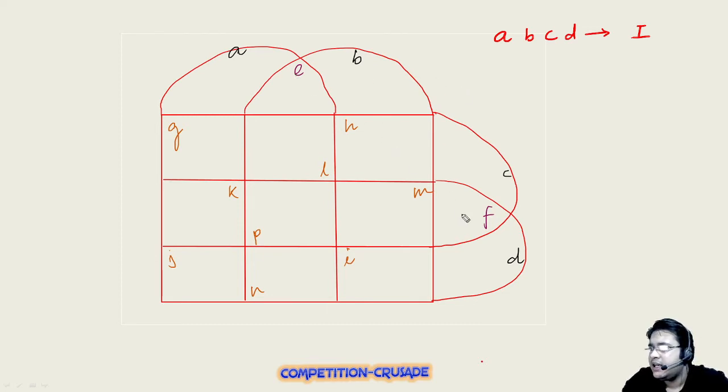Similarly, E and F represent exactly two, and if you go around you will see exactly 2 and exactly 2. So this region is also exactly 2. G, H, and then I is also exactly 2, which is only this.